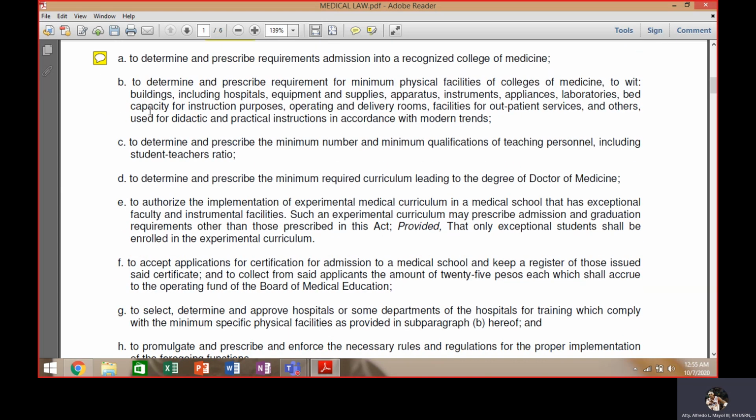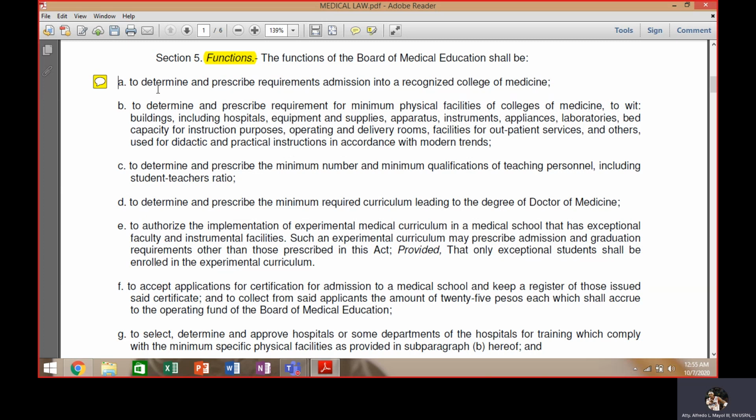So, next function of the board, B, to determine and prescribe requirements for minimum physical facilities of colleges of medicine. Okay, the board will require the college of medicine or the university to have certain facilities in order to meet the minimum requirement of having a medical school.